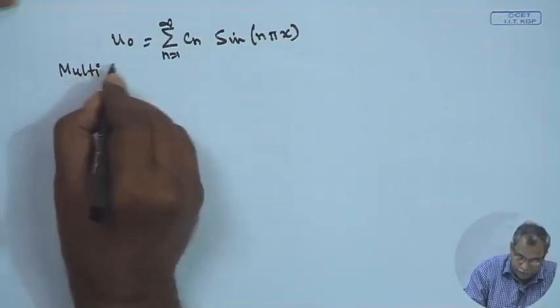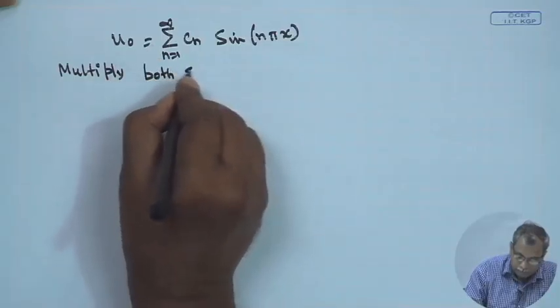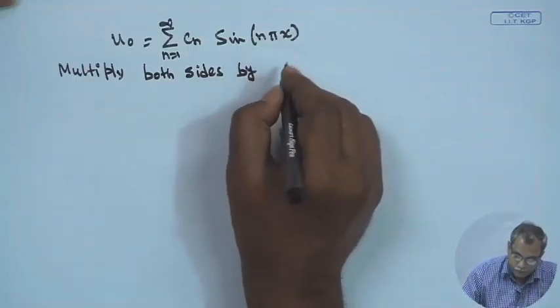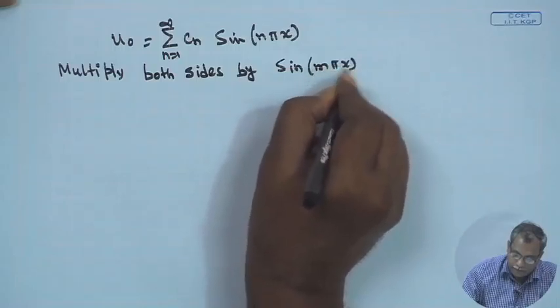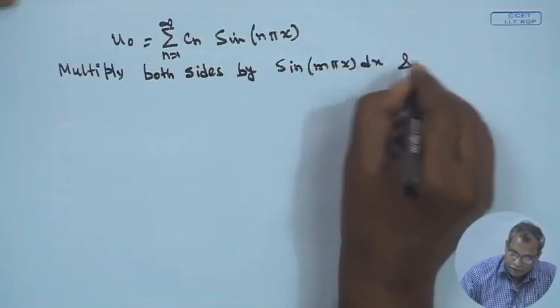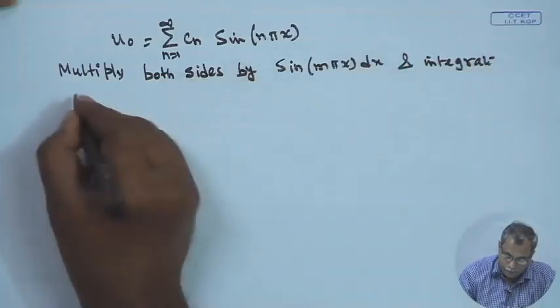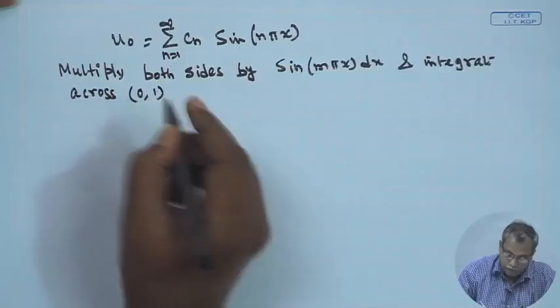So, multiply both sides by sine m pi x dx and integrate across the domain of x, 0 to 1.